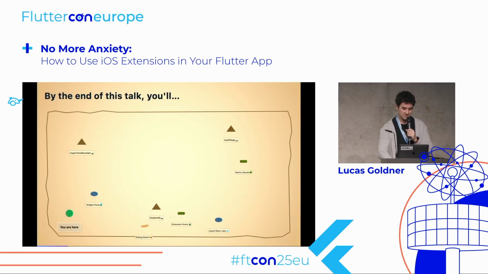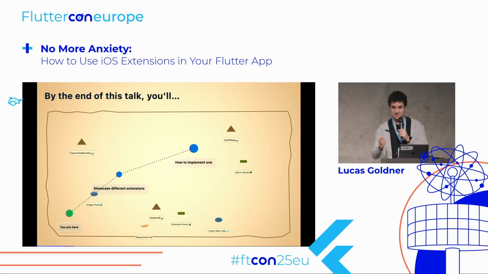So I brought you this map. We will go on a journey together. We will start at the green point and then go through the widget pond. At the first stop, I will showcase a lot of different extensions you can implement. Then we will go a bit to the east and learn at the next stop how to implement an extension.